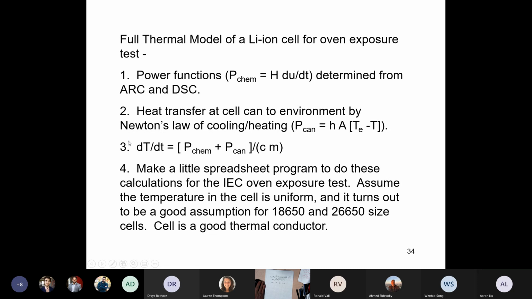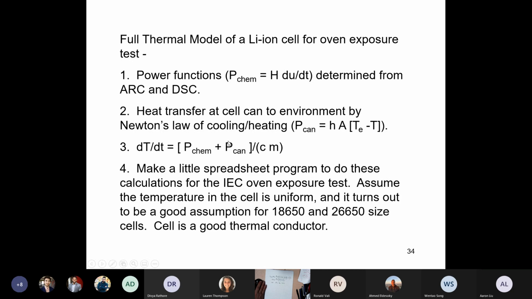And then you say that the rate of change of temperature of the cell is equal to the power that's generated chemically plus the power that's being dissipated. It's negative if the temperature is greater than the environment, and this is positive if the environment is greater than the temperature of the can. So when you place the cell into the oven, this is positive. The oven temperature is greater than the cell temperature.